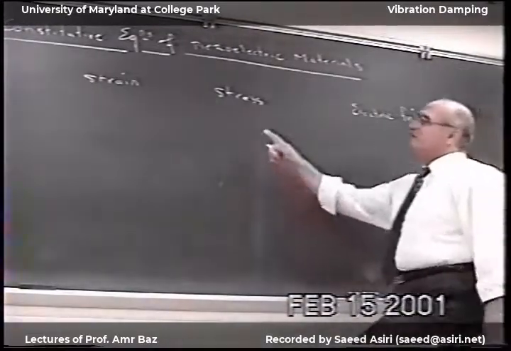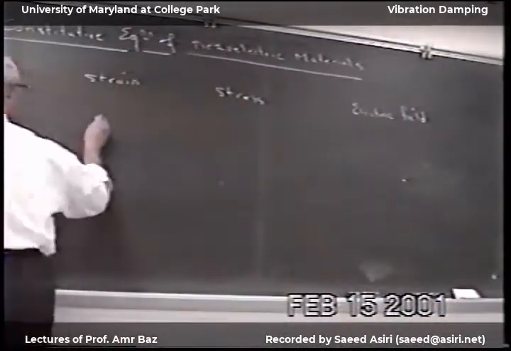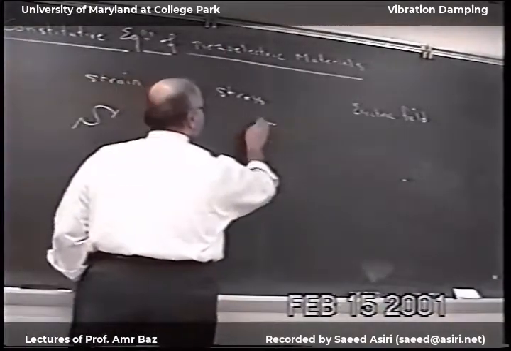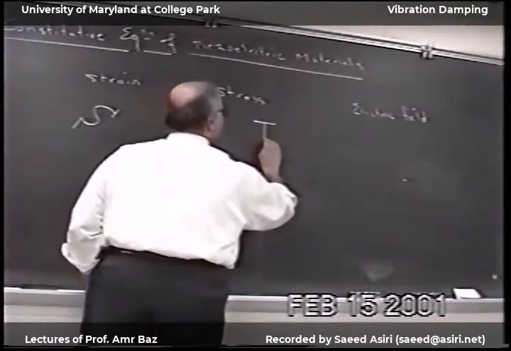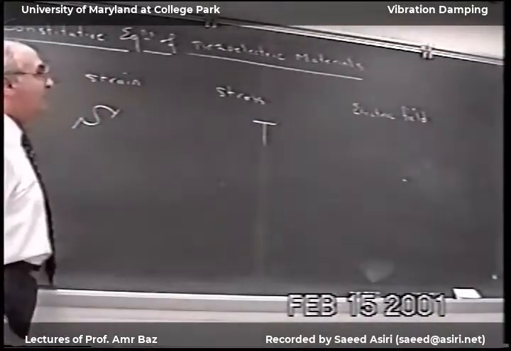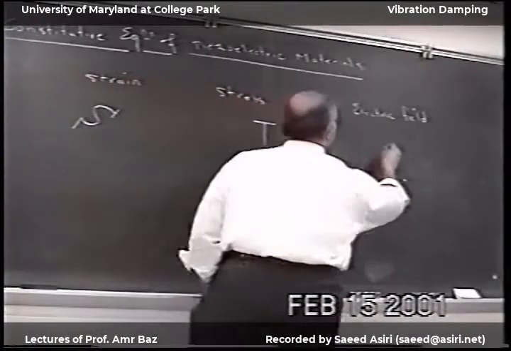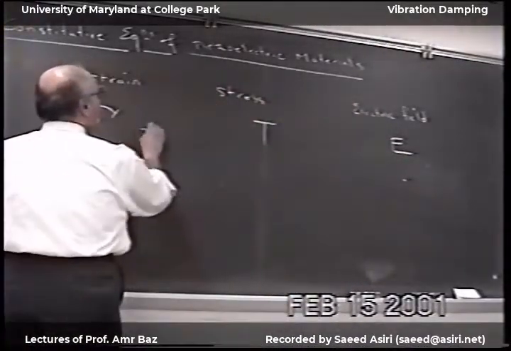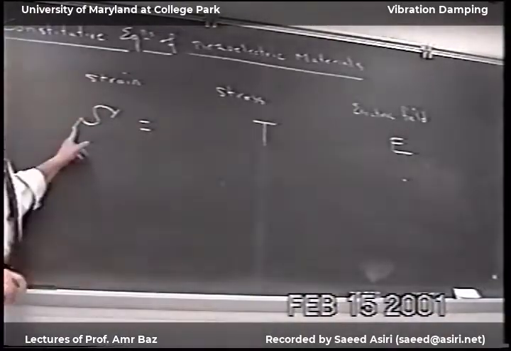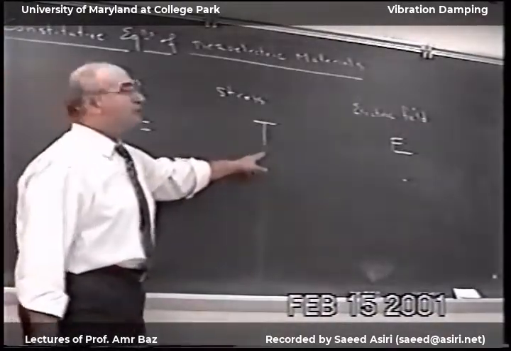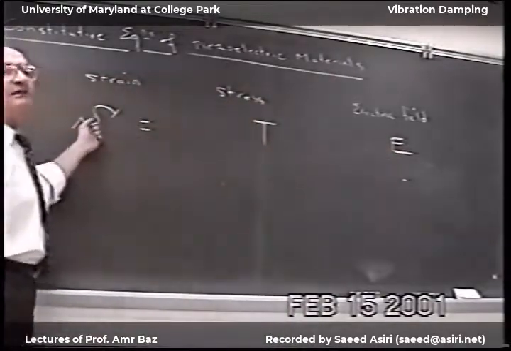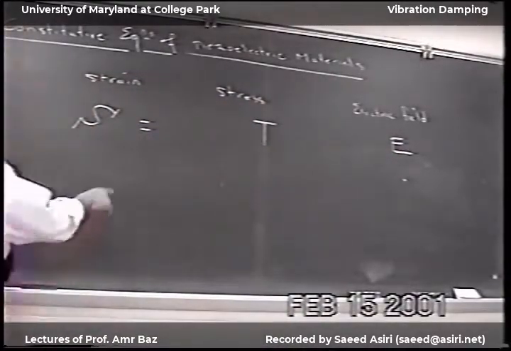So I can say the strain, unfortunately, looks like this, S. And the stress also, unfortunately, is called T. And the electric field is called E. Now I can relate the strain to the stress. If I don't have any electric voltage, this is the conventional material that we're used to.